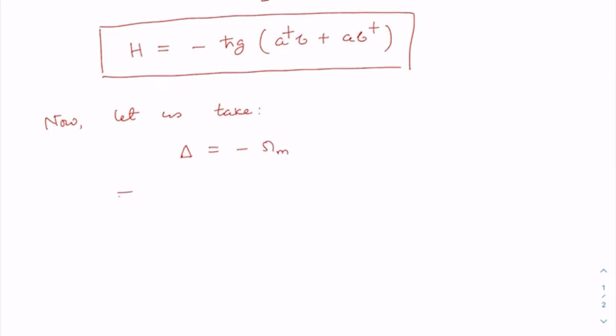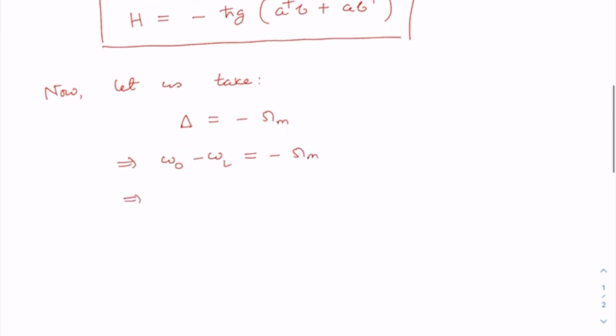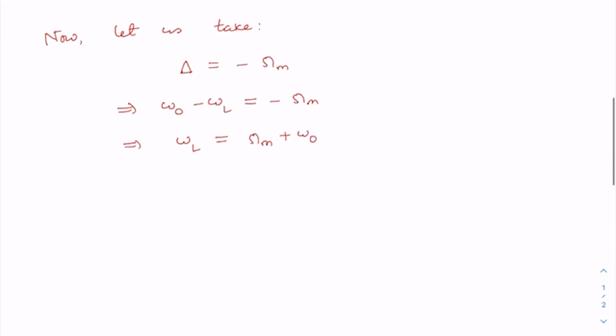Because delta is equal to omega 0 minus omega L, which is now equal to minus omega m, you can clearly see that omega L, the laser frequency, is equal to omega 0 plus omega m. So your laser frequency is greater than the resonance frequency of the cavity, and this is the regime of blue detuning.